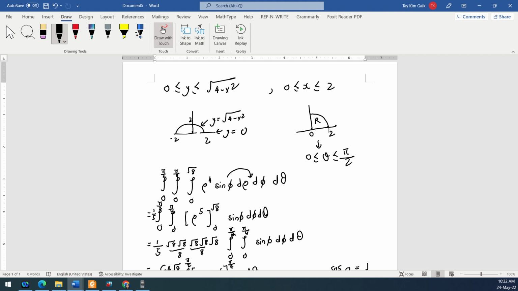So the ice cream cone is not full, you cut it into 4. You take the part where x is positive and y is positive, which means the ice cream cone in the first quadrant only. That's why the projection region R is the first quadrant, and theta is 0 to pi over 2. Later on, it is just how you integrate with respect to rho, then phi and theta.